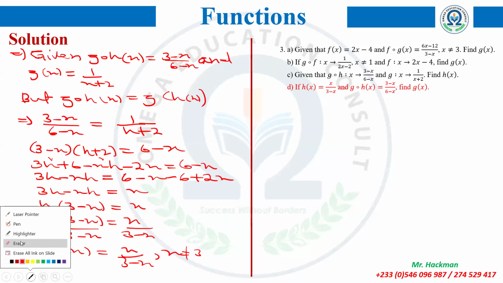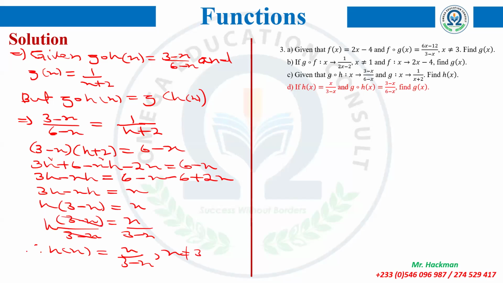Is my point well made? Yes. Let me write the h where it looks like I have cancelled the h. I didn't cancel the h. It's rather the 3 minus x that will cancel on that side. I decided not to show it, so this will cancel that. You'll be left with h equal to this, and therefore you are looking for h of x. If the question asks you to find h, then you conclude with only h. The question asks you to find h of x, so you conclude with h of x. All correct?